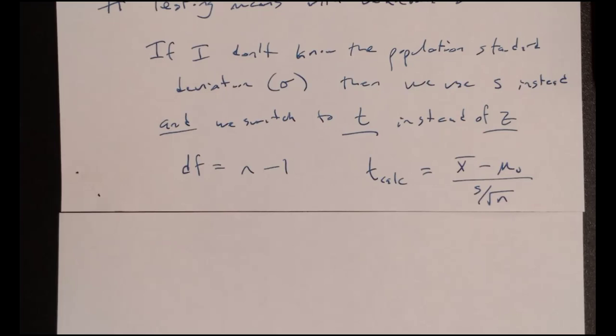Am I doing a left tail, a two tail, or a right tail based on the way the problem is written before I go and do any actual calculation? I need to write down my null hypothesis, my alternate hypothesis, so that I can set up the problem the way I want to understand it. Everything else works the same way.